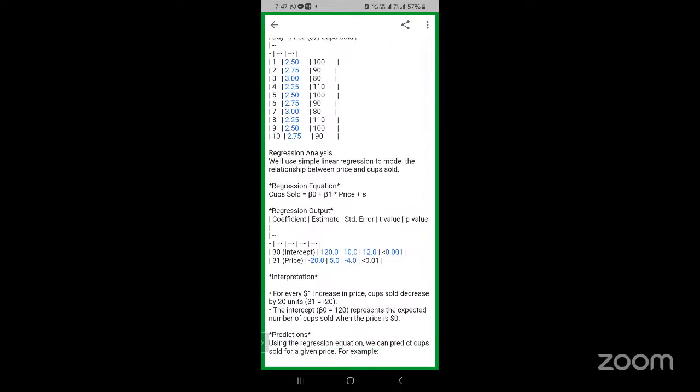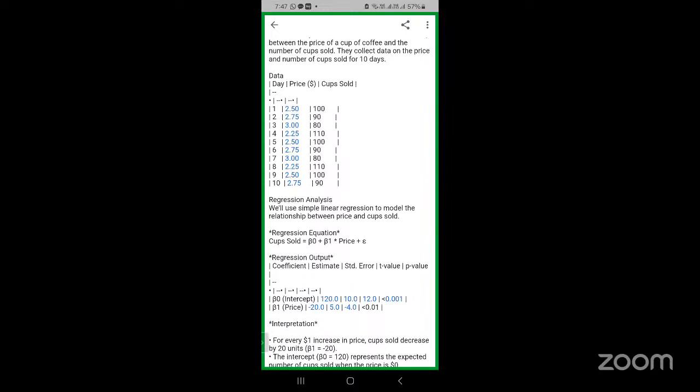So this is the data. First day, the price is 2.50 and cups sold is 100. Next day, it is 2.75 and cups sold is 90.